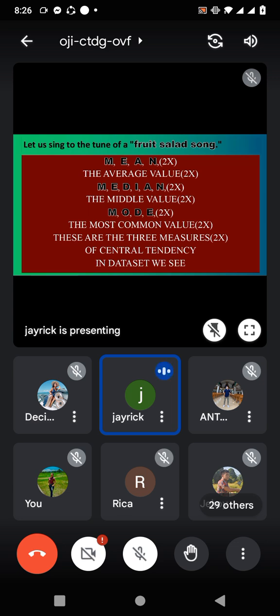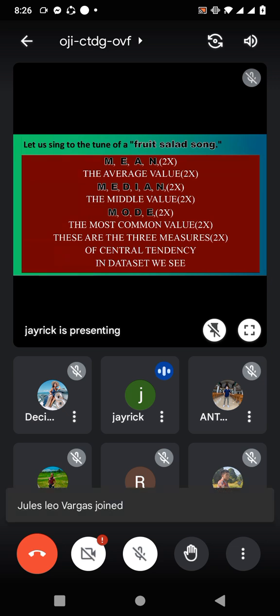I'll give you 1 minute before each representative can sing. There are 4 groups in this class, so 1 representative from each group. Okay? 1 minute.